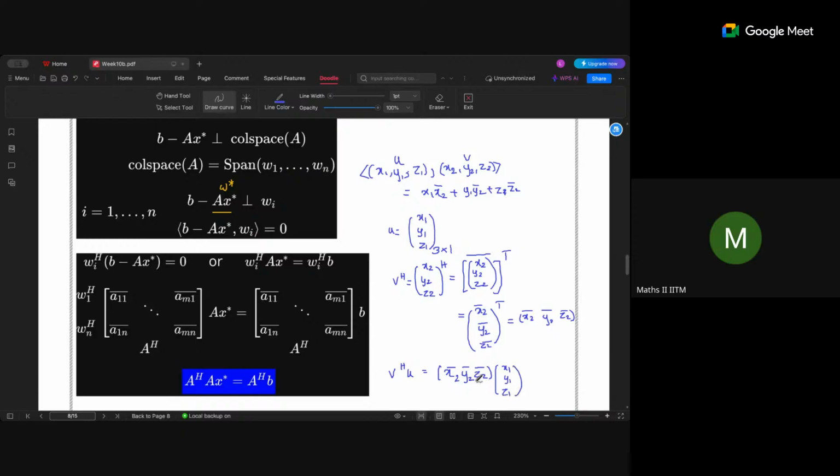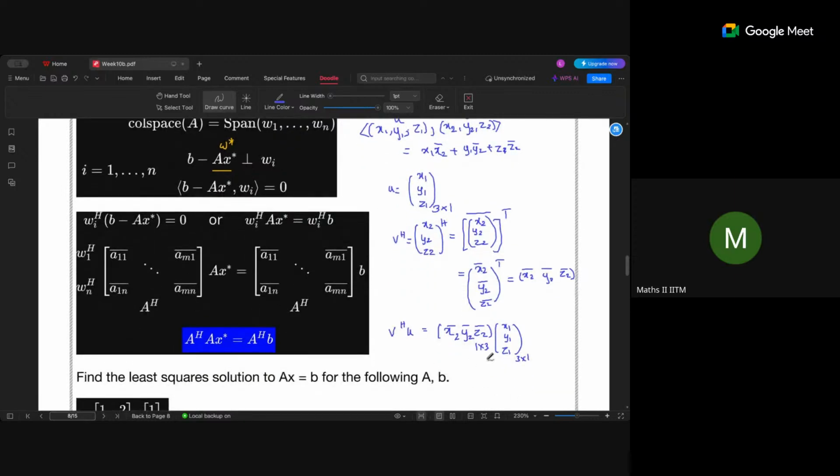This is a 1 cross 3 matrix and this is a 3 cross 1 matrix, so the resulting element is x1 x2 bar plus y1 y2 bar plus z1 z2 bar. So you can see that the inner product of u comma v is the same as vH into u.